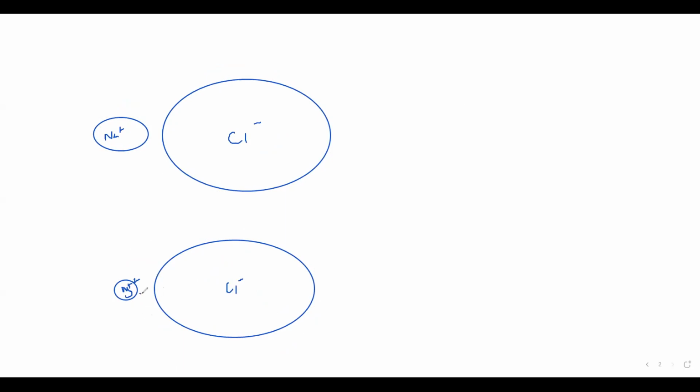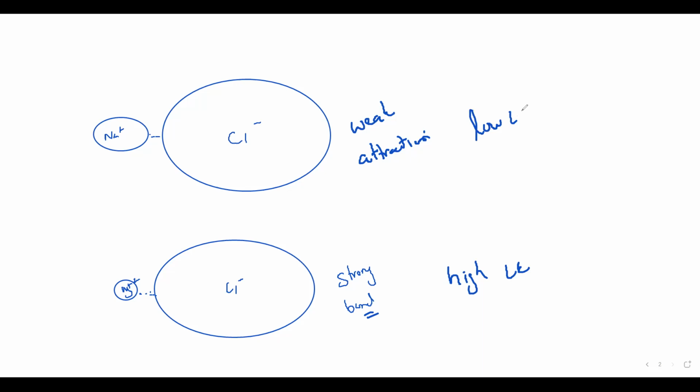In magnesium chloride, the charge density of magnesium is higher compared to that of sodium, so this will have a strong attraction, whereas this will have a weak attraction. As sodium chloride's attraction is weaker compared to magnesium chloride, magnesium chloride will have a higher lattice energy compared to sodium chloride, which will have a lower lattice energy.